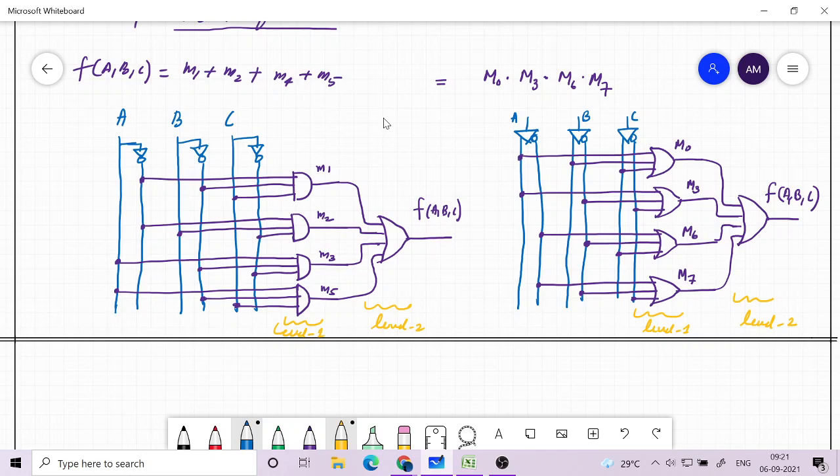So if it is M4, okay. The term that I have constructed is basically A, B bar, C bar, right? A, B bar, C bar. So that is M4 only. Yes, sir. Mistake in the notation, sir. Oh, only the notation is different.